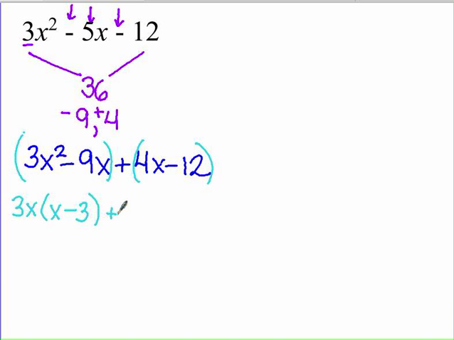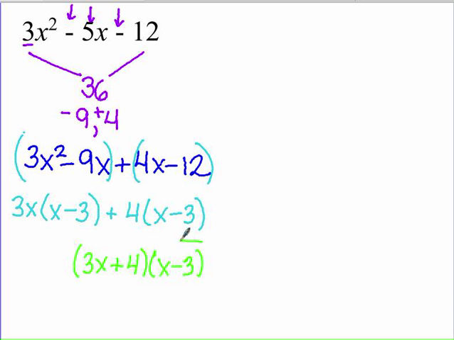A 4. And that leaves me with x minus 3. So then what will that factor to be? 3x plus 4, and then x minus 3. Okay, so far so good?